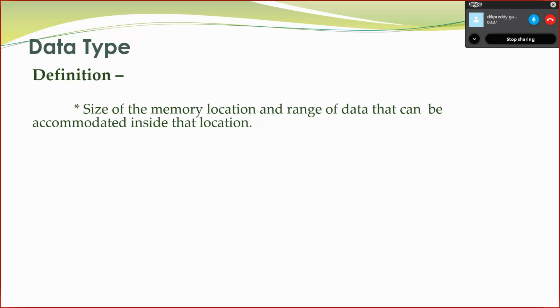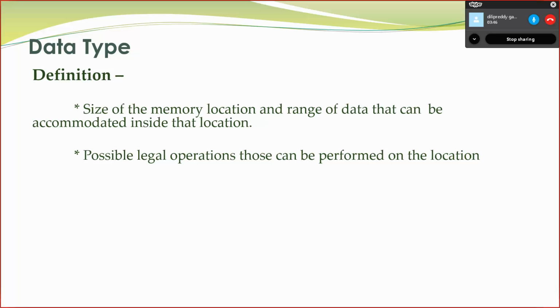We can do it on integer data only, digits only. We cannot do arithmetic operations on boolean or string data. So based on that, we need to decide which data type we should use for our programming.